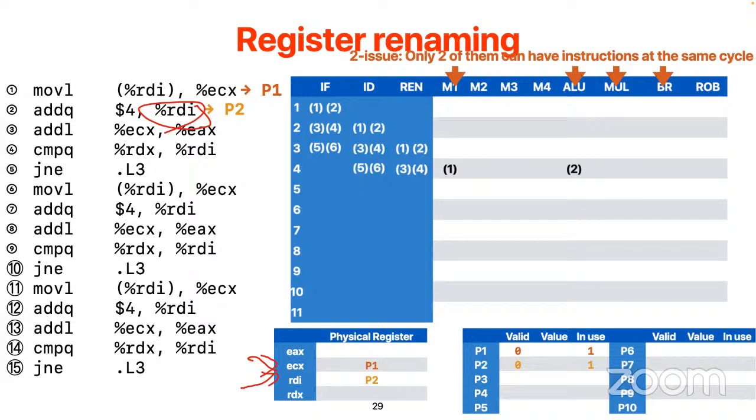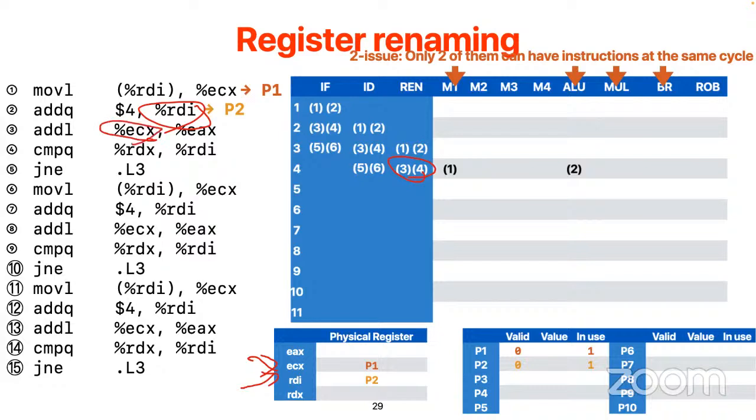So far, because only 2 instructions are decoded, we don't see others that can be executed. At the next cycle, we have 3 and 4. Looking at 3 and 4, who is instruction 3 depending on?